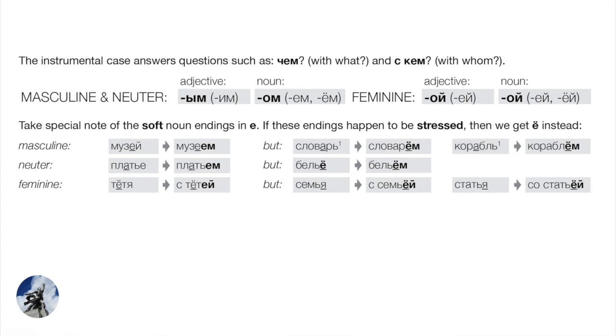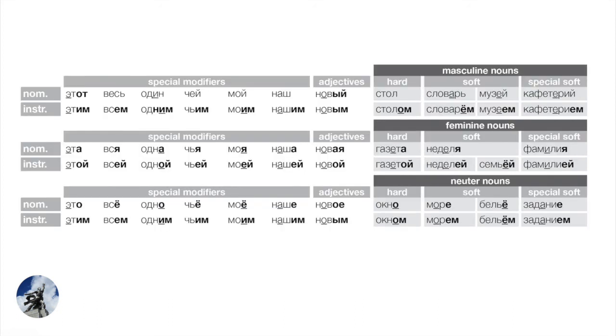We're throwing in the с there with people usually because that's how we normally use the instrumental, right? We're going somewhere with our family, с семьёй. And with the article статья, that would be статьёй. Okay, so there's a little minor detail there. We look over the complete table and we see all of the special modifiers. Again, most of those are soft in most of their forms, right?